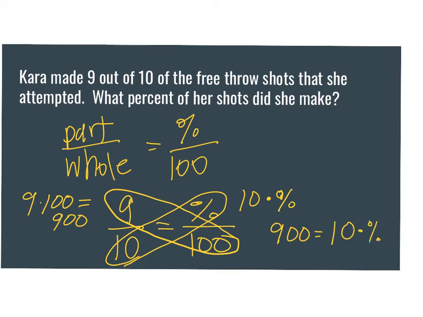We solve by taking 900 divided by 10, which gives us 90. So she made 90% of the shots. That's just a simple introduction to the butterfly method. We're going to do some other problems for practice.